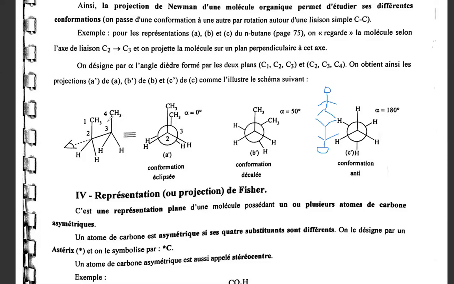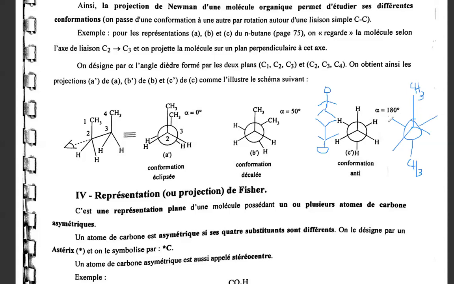So if this was a molecule and we were supposed to represent it in the anti-conformation, we would have a CH3 on top, like that, another CH3 below, with the hydrogens like that.